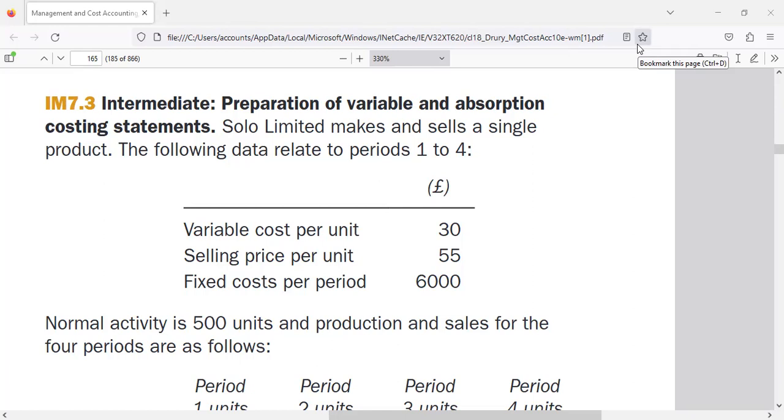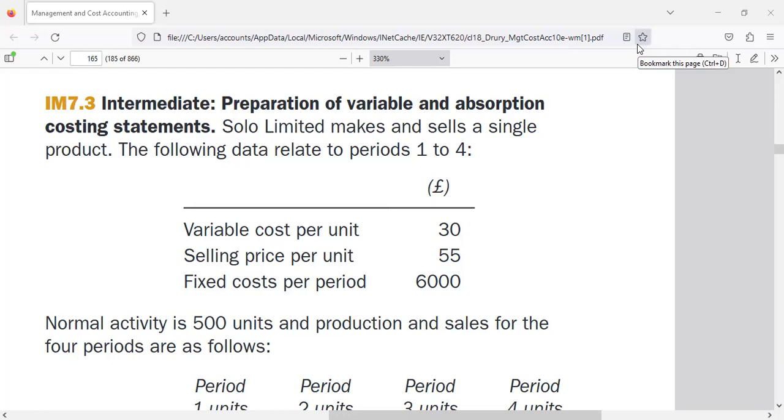Absorption costing. Now, absorption costing, all costs are absorbed into production. And thus, when we are preparing the operating statements under absorption costing, there is no distinction between fixed and variable costs.